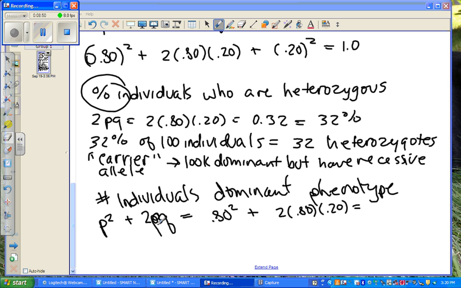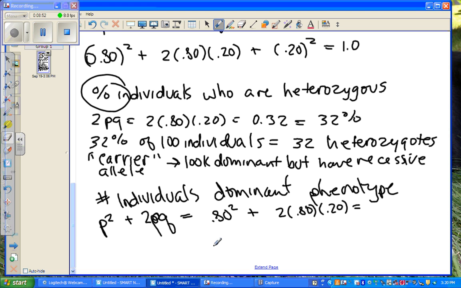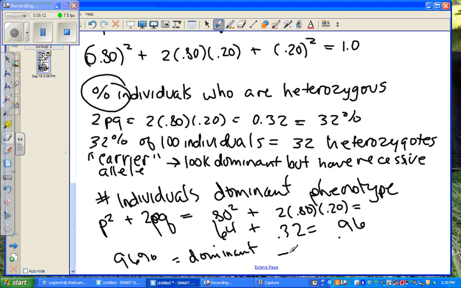So all we need to do is figure out what our values are. We've got 0.64, and 0.32, and we're going to add those up, which gives us 0.96, so 96% are going to have the dominant phenotype. If we've got 100 individuals, 96 out of our 100 are going to have the dominant phenotype.